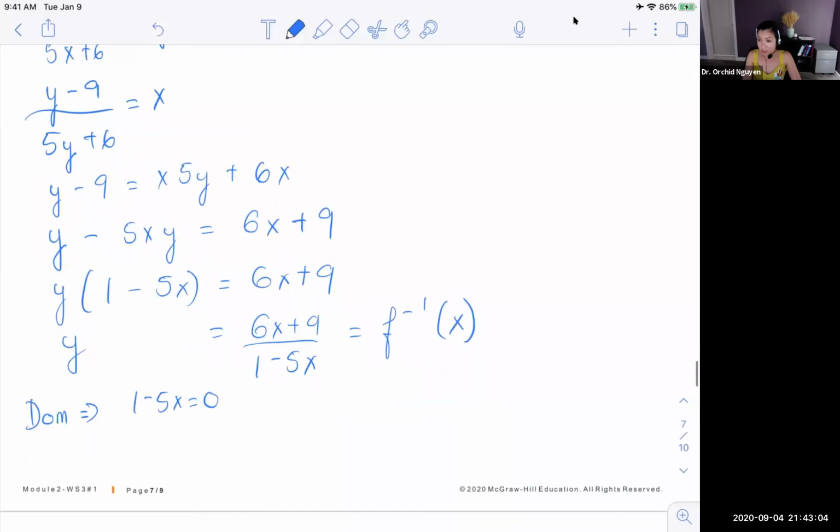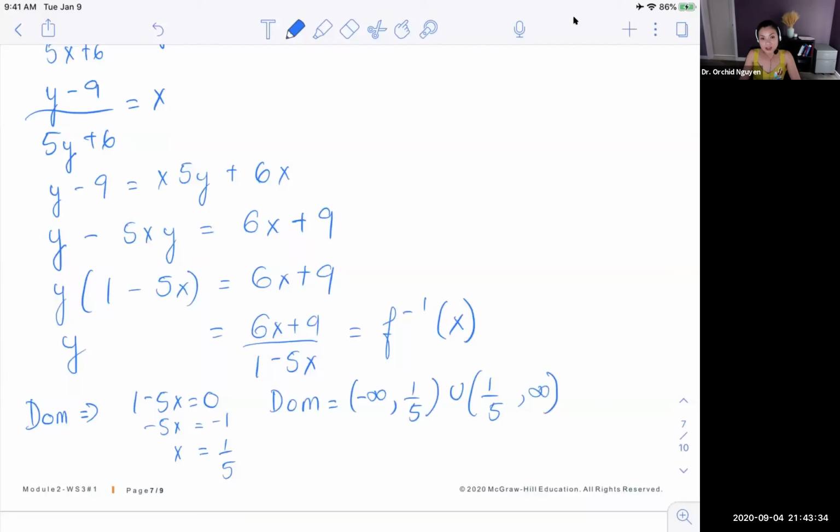And then solving it, x equals 1/5. Okay, so for the domain, you do not want to see 1/5 in there. So the domain is going to be -infinity to 1/5, union 1/5 to infinity.